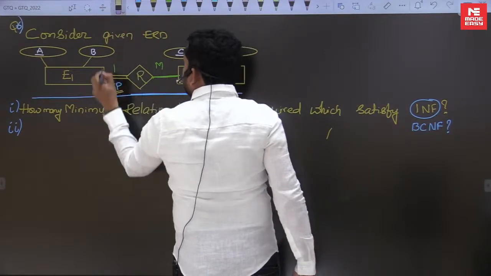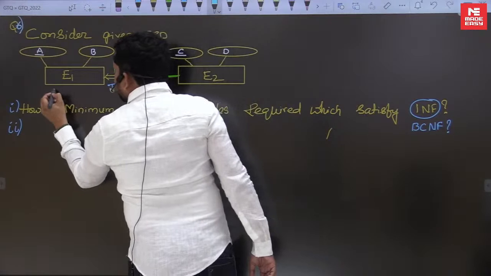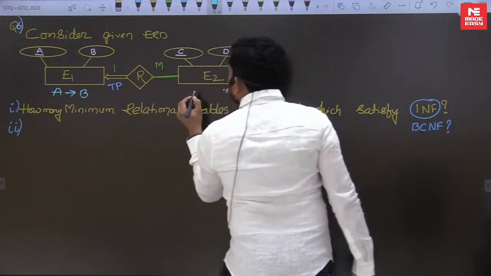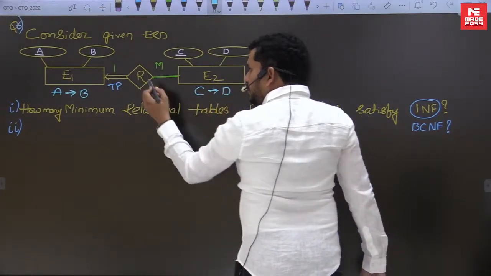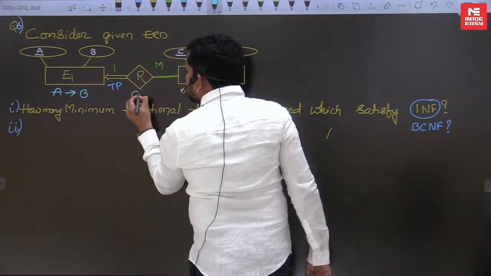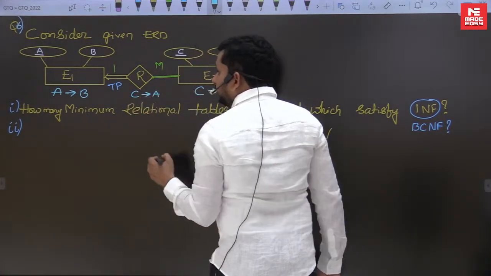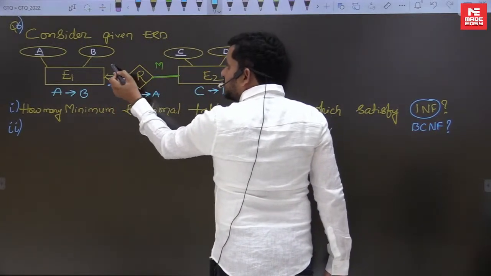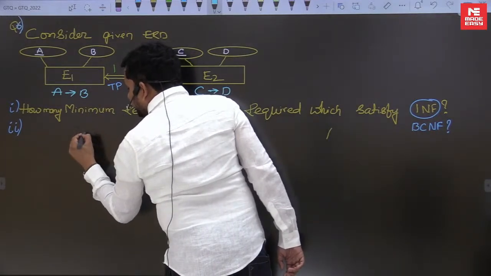Okay, so let me write the FDs, functional dependencies. The functional dependency of E1 is A determines B, and the functional dependency of E2 is C determines D. Because of one to many mapping, C is a key, so the functional dependency of this one is C determines A. So with one to many mapping and total participation on the left side, we can combine into one single table.